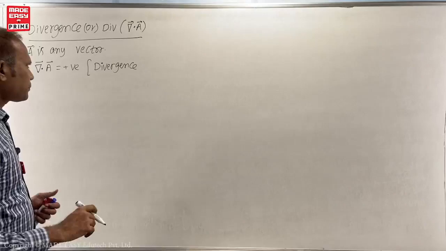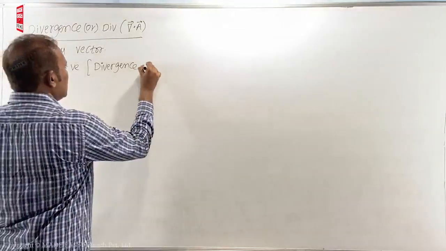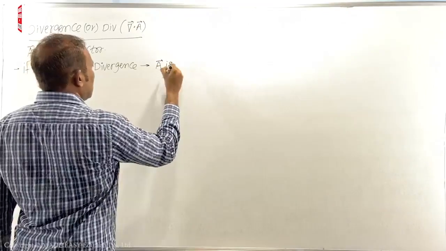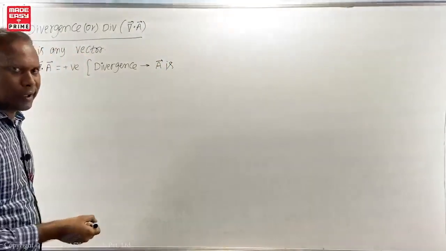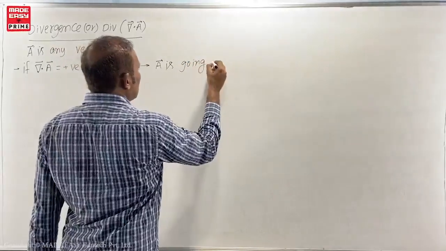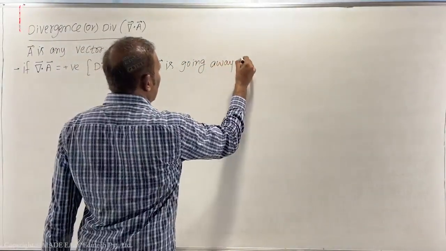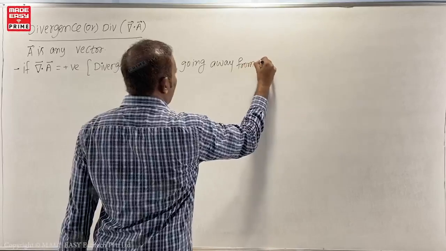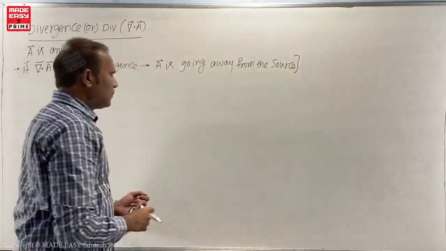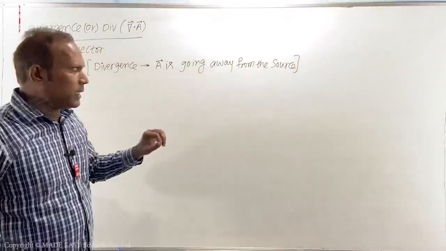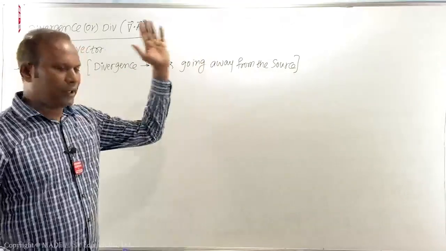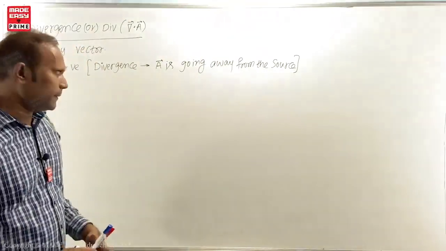So divergence means in this case, some physical quantity a bar is going away from the source. One source is there that generates a bar, then that a bar goes away from that source. I will take one example.